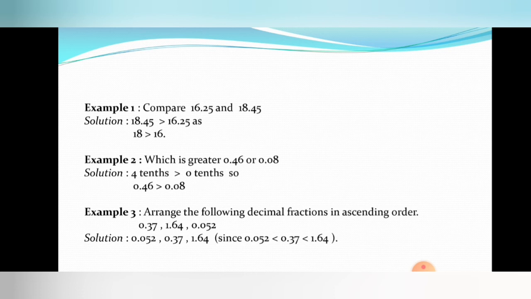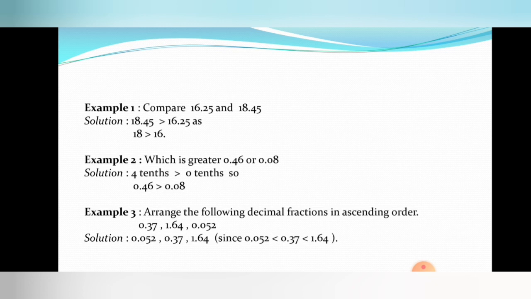First we need to check the whole numbers, right? Here 1 is greater in the whole number, so we choose the zeros, and the whole number place in both 0.37 and 0.052 is zero.